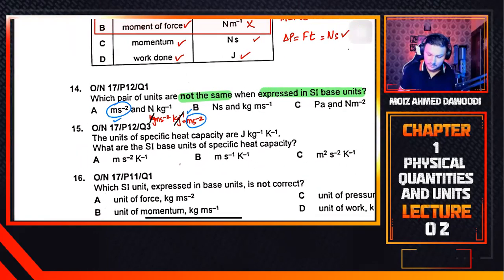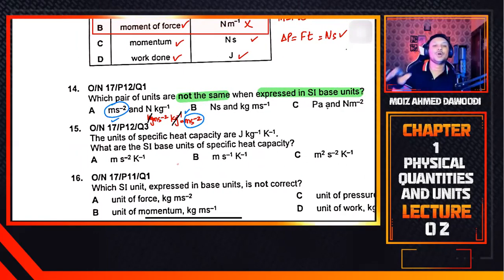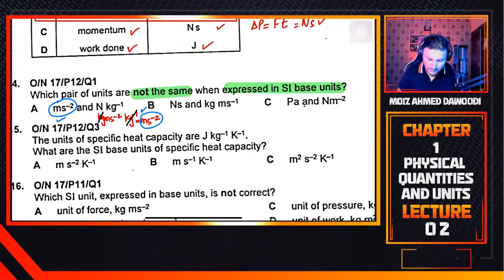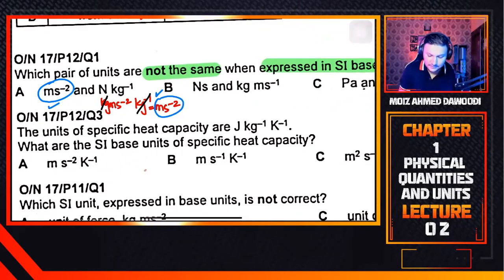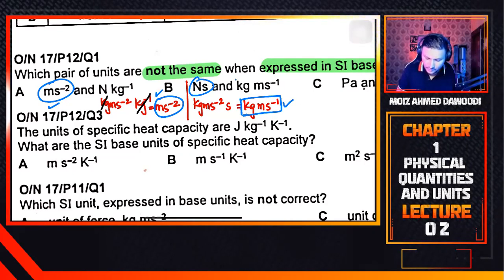A आंसर नहीं है, क्योंकि उसने बोला है नॉट द सेम बेस यूनिट. अब इसके बारे में बात करते हैं. kg ms minus 2 न्यूटन की जगह आ गई, सेकेंड ऐसे ही रहा, तो ये क्या हो जाएगा kg ms minus 1. ये भी सेम है, क्योंकि इसका यूनिट आया है और ये दोनों सेम बेस यूनिट है, यानी B भी इनकरेक्ट नहीं है.